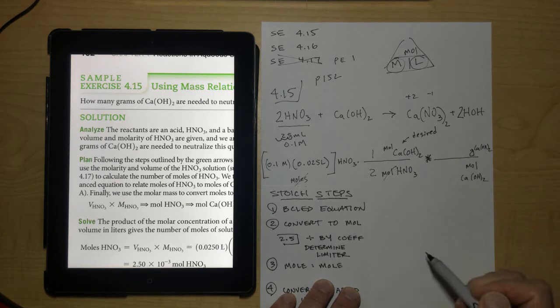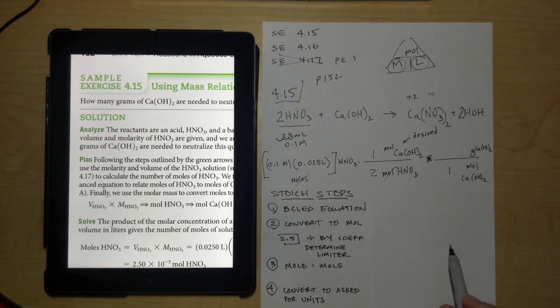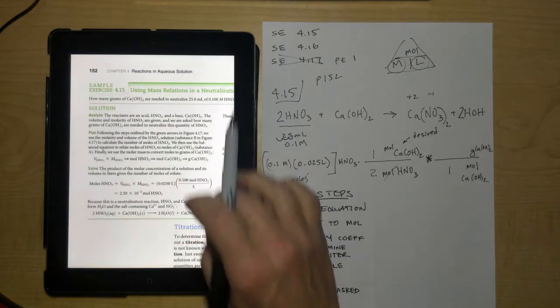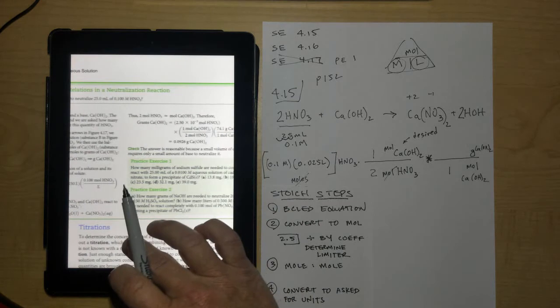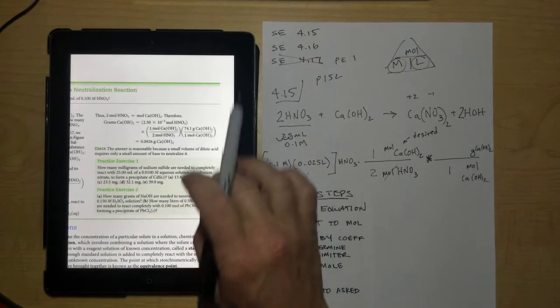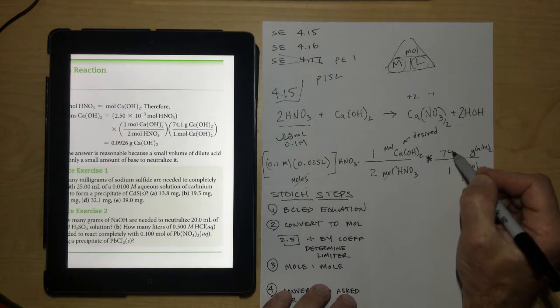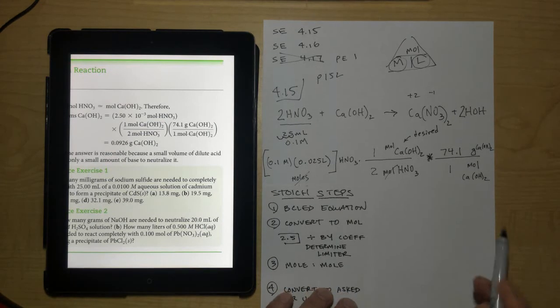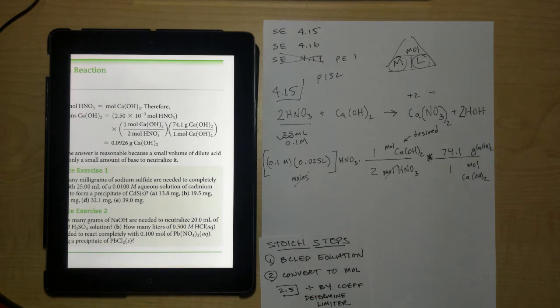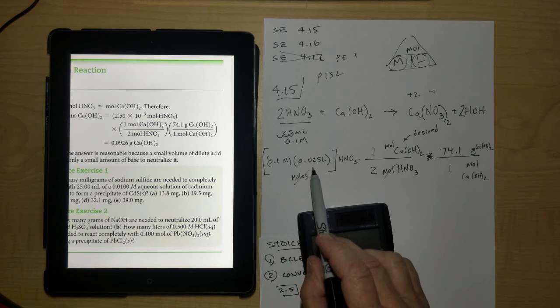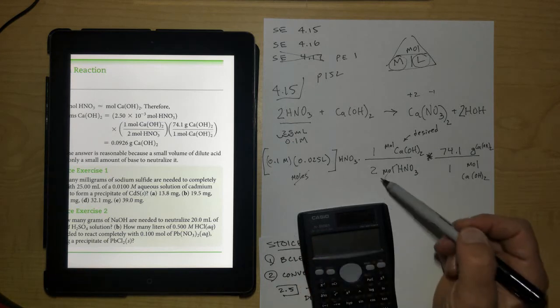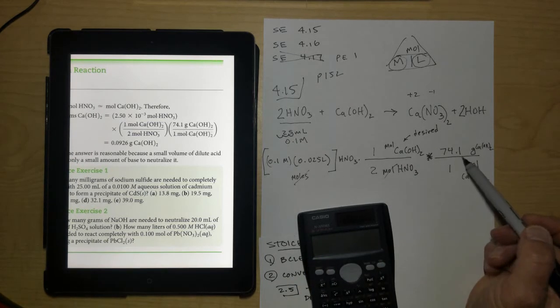In 1 mole of Ca(OH)2, I add that up on the periodic table, and I think it's 74.1 grams. Now on your calculator, if you want to try it, take 0.1 times 0.025 times 1 divided by 2 times 74.1.